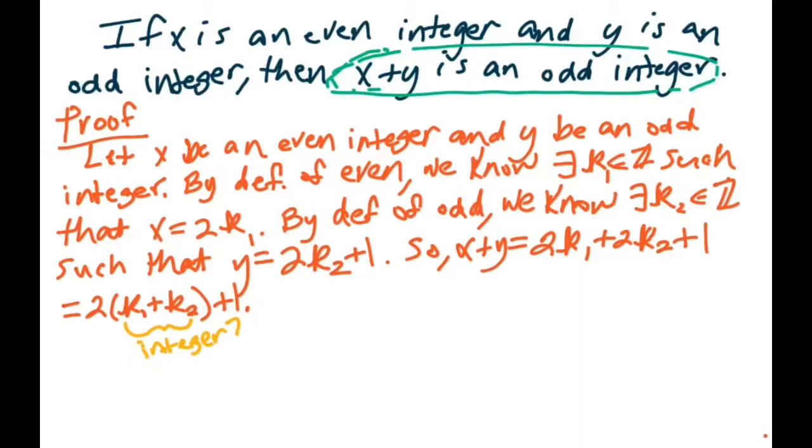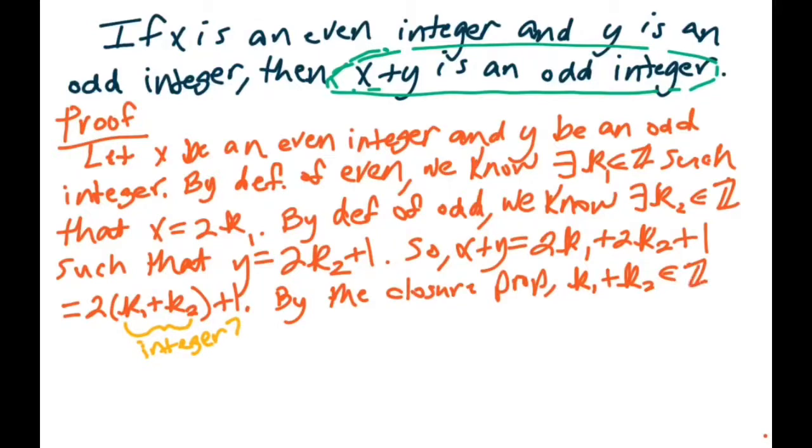All right, and so we know that if we add 2 integers, we get another integer. And so I'm just going to actually state that by the closure property, we know that k sub 1 plus k sub 2 is an integer.